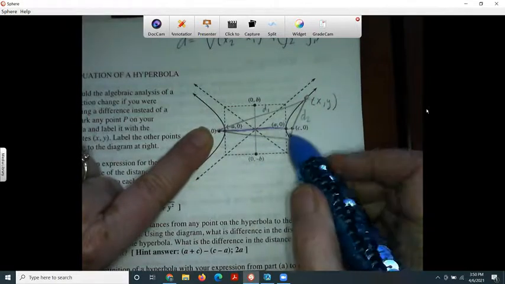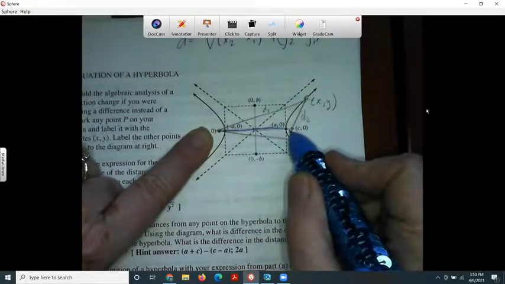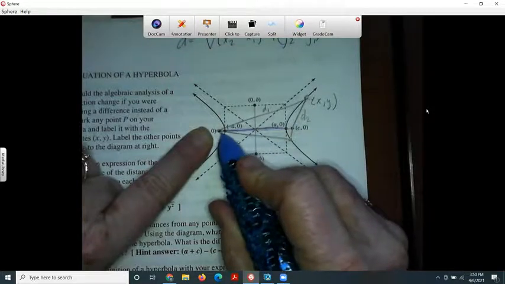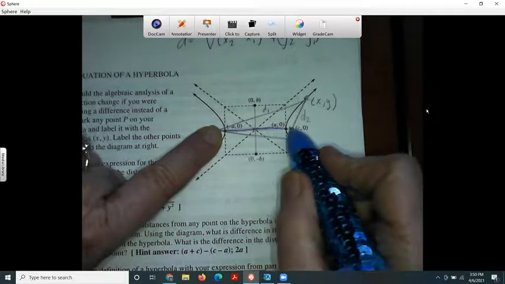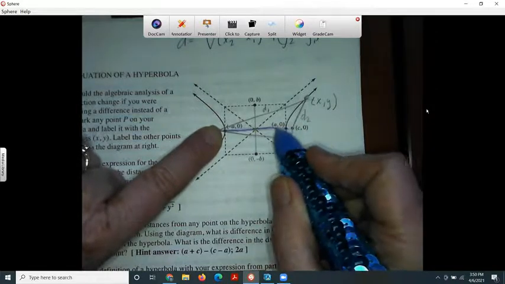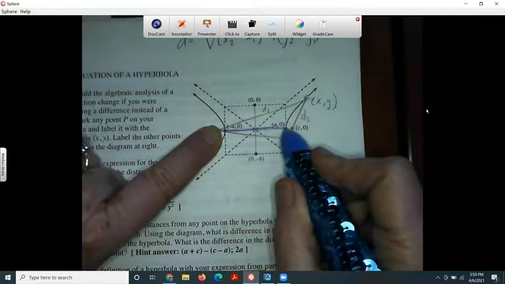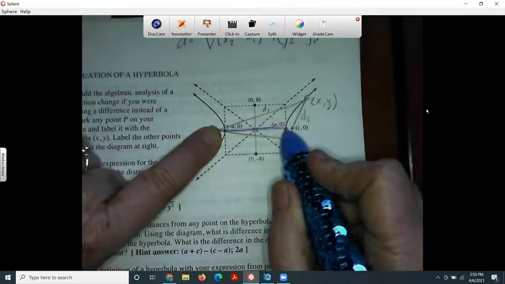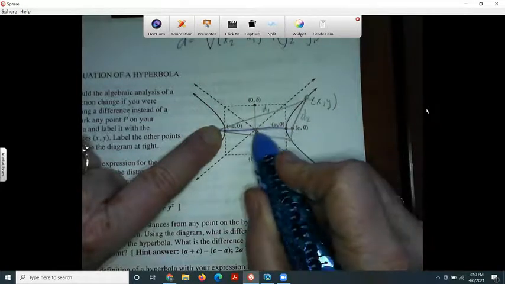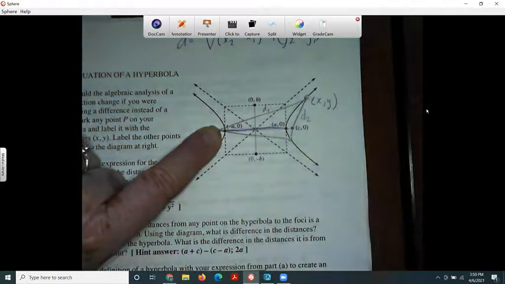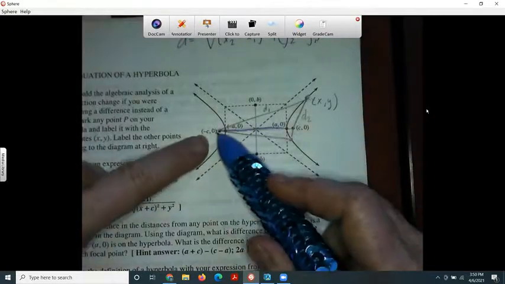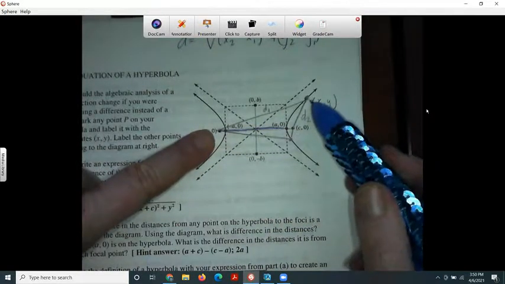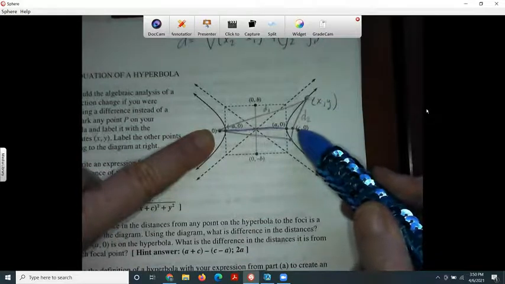But since this little yellow distance is the same as this blue distance right here, it's really just 2 times A. And why is it 2 times A? Because this is A comma 0. The distance from the middle to the edge is A. And so since there's an A there and another A there, you're going to start this thing out with the longer distance minus this shorter distance equals 2 times A.